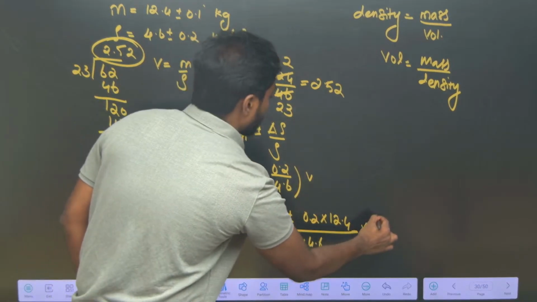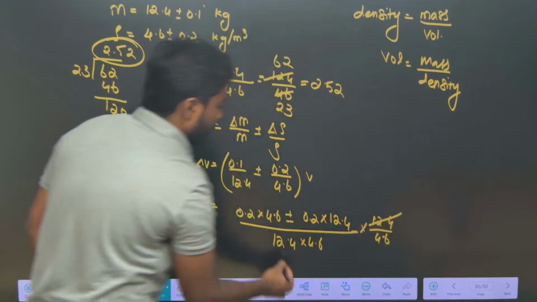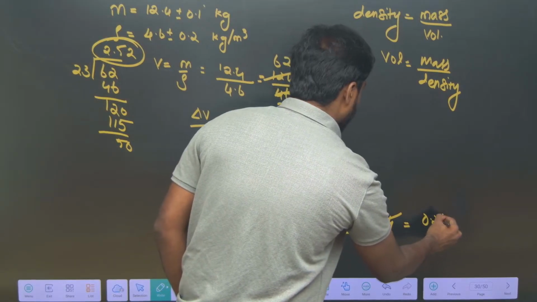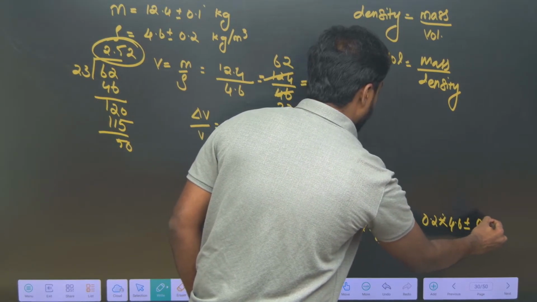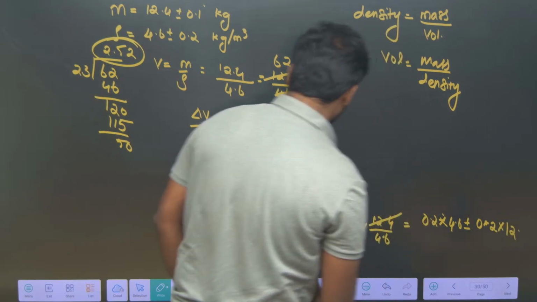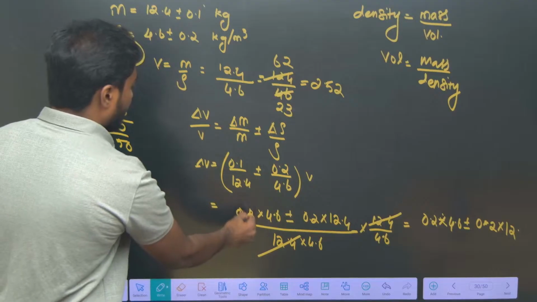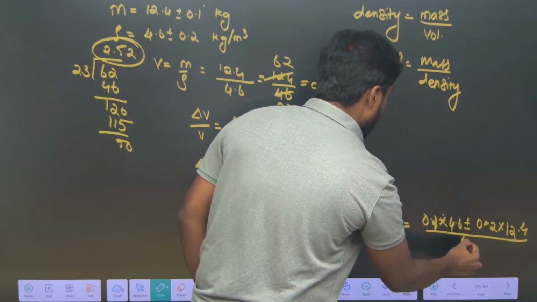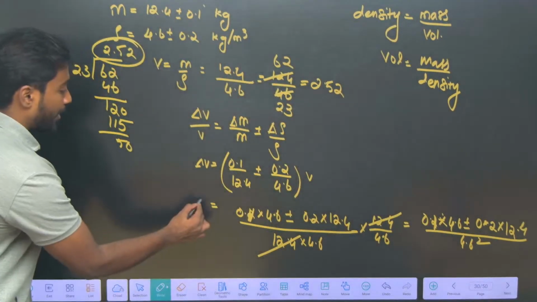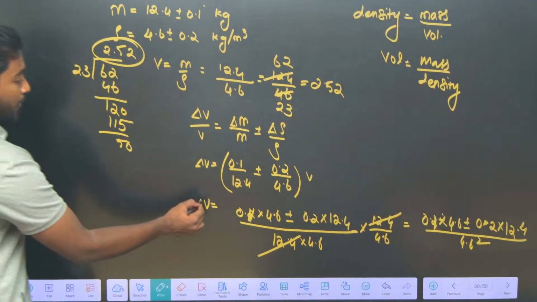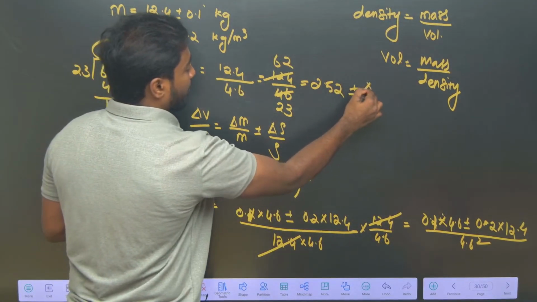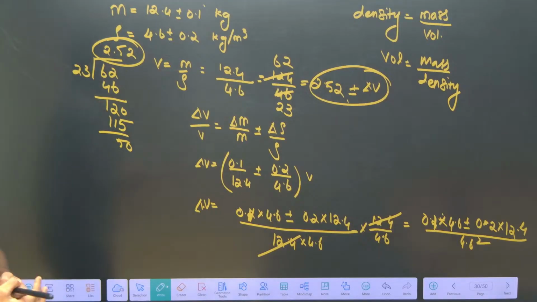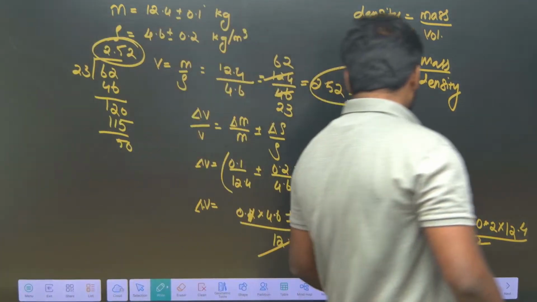So it is how much, 12.4 divided by 4.6, 12.4 cancelled off, and the final will be 0.2 into 4.6 plus or minus 0.2 into 0.2, 0.2 both, so 0.1 no, 0.1, so 12.4 divided by 4.6 square. So this is my delta V value. So if I get the value and if I add plus or minus delta V, I will get the answer for this question, that's it, okay. You can take a note of this question, guys.